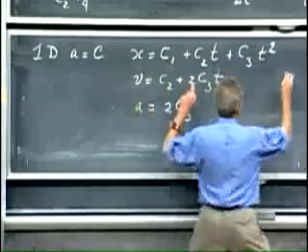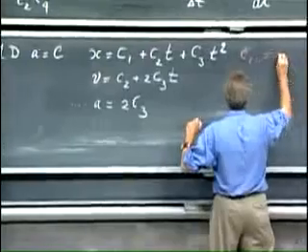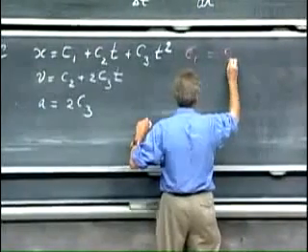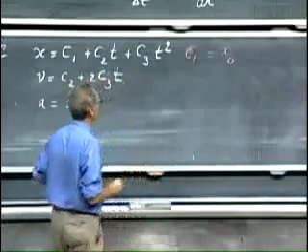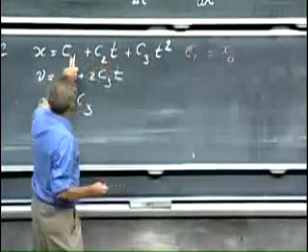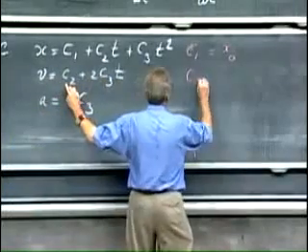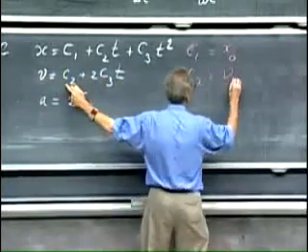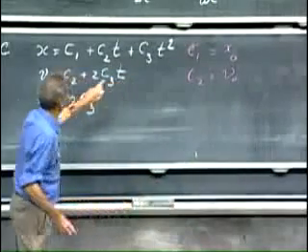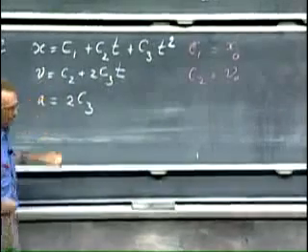Clearly, c1 is the position x at time t equals 0, for which we often write an x0, because when t is 0, that is where x is. c2 is really the velocity at time t equals 0, because when t is 0, that's when c2 is v.